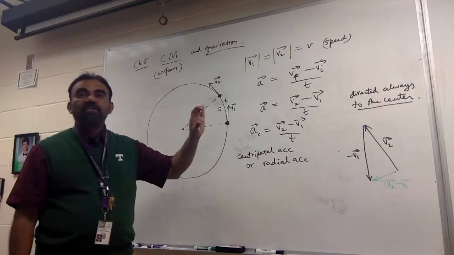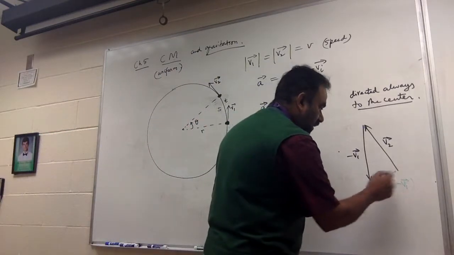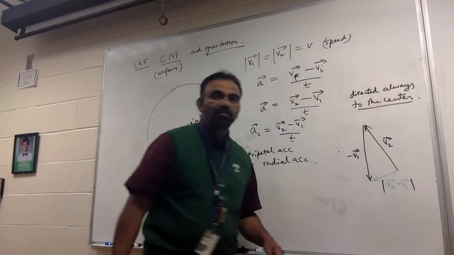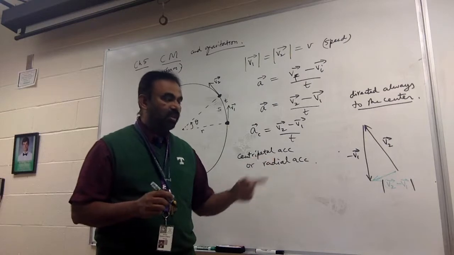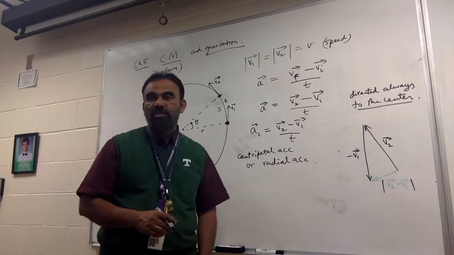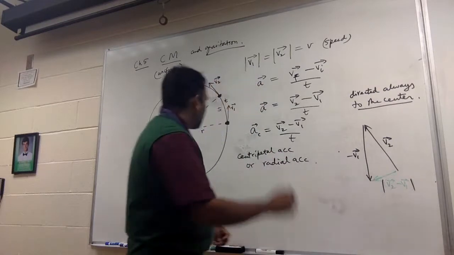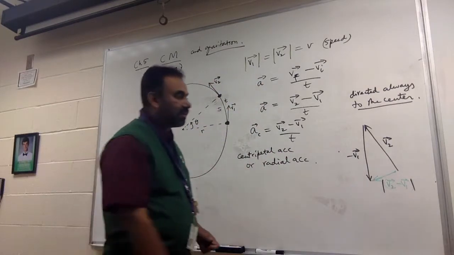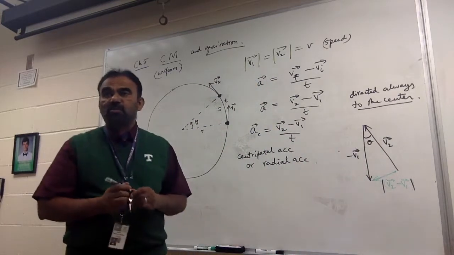Now, to find the magnitude of that acceleration, we need to find the magnitude of this arrow. What's the size of that arrow? We know the direction is towards the center. For the size, look at this picture. This angle theta is a very small angle. And why is it a small angle?